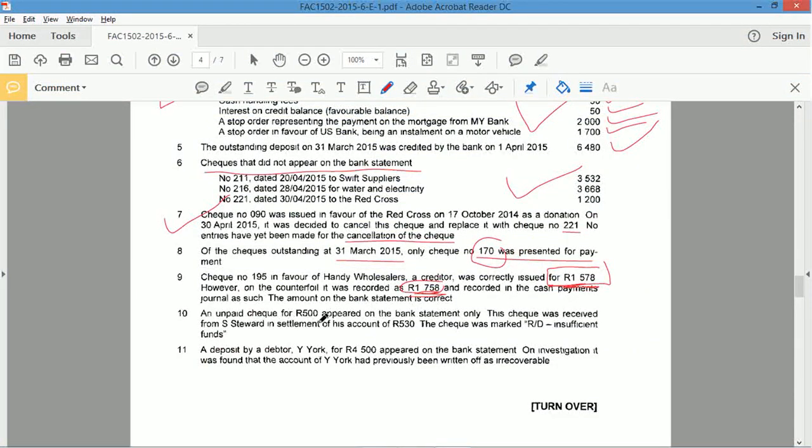An unpaid check for 500 appeared on the bank statement only. The check was received from S in settlement of his account of 530. The check was marked RD. RD means dishonored check. Dishonored checks always go through to the cash payments, and that was an unpaid check of 500.